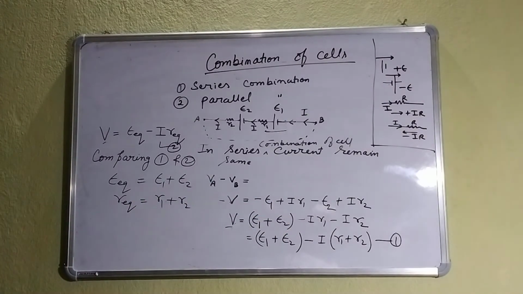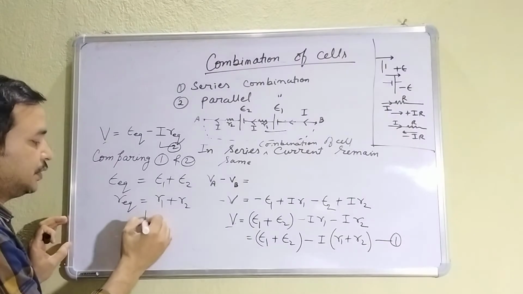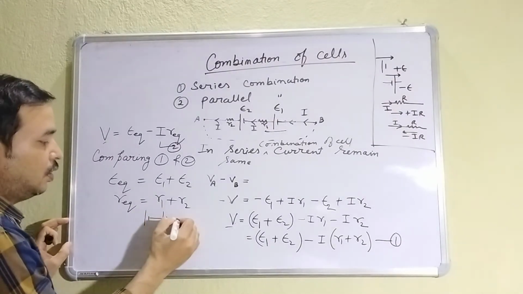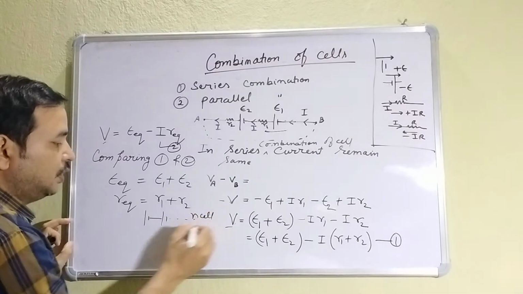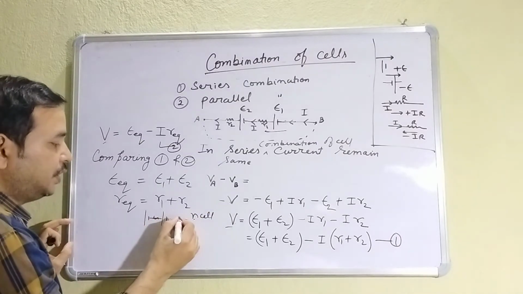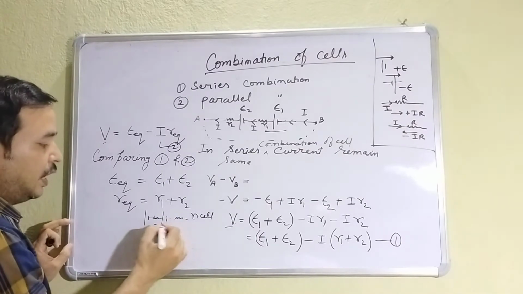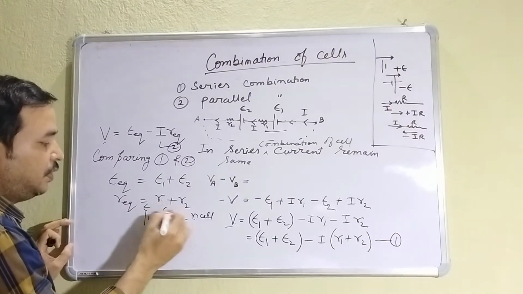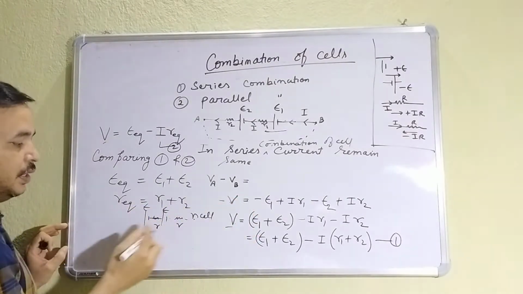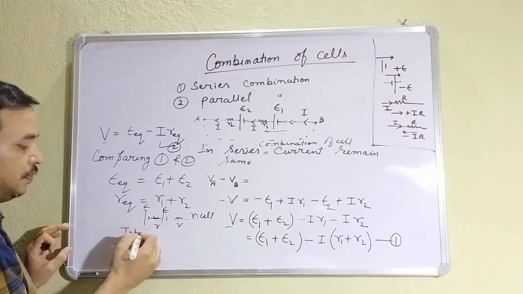So you can easily tell, suppose we have n cells, 1, 2, dot dot n cells, and each has internal resistance R, each has EMF E. So what will be the total EMF?